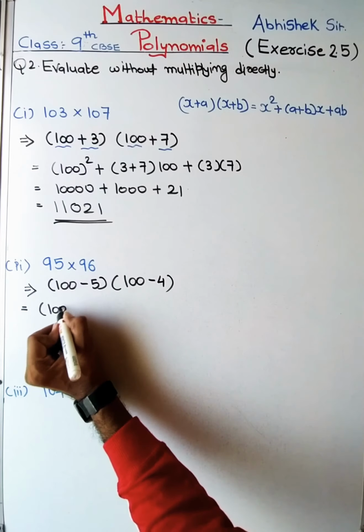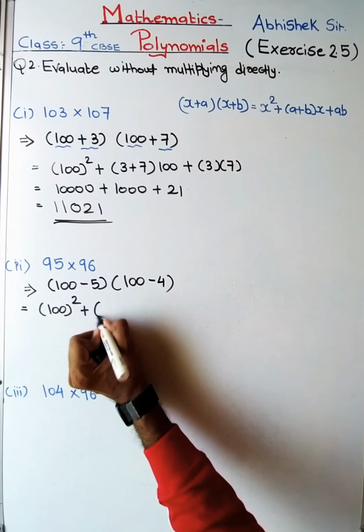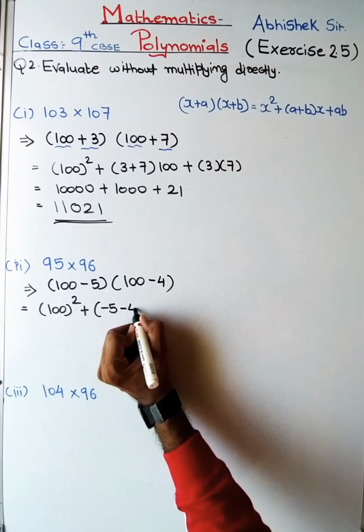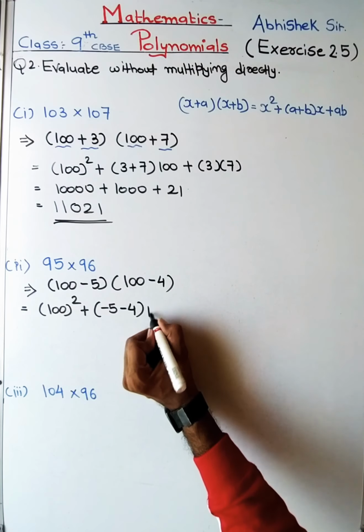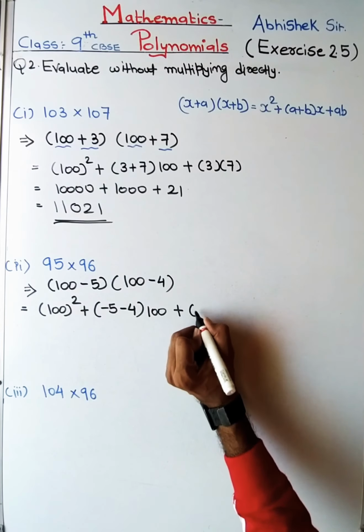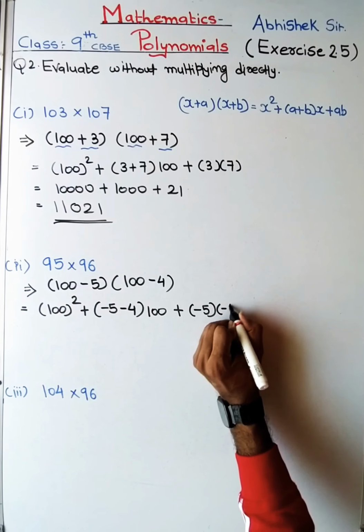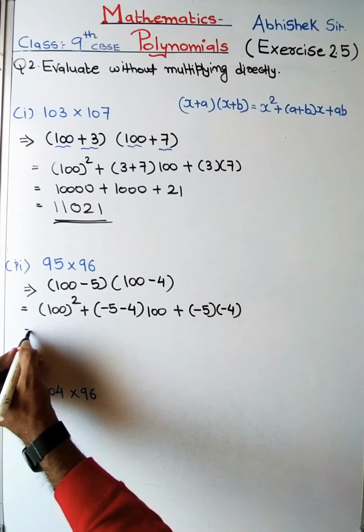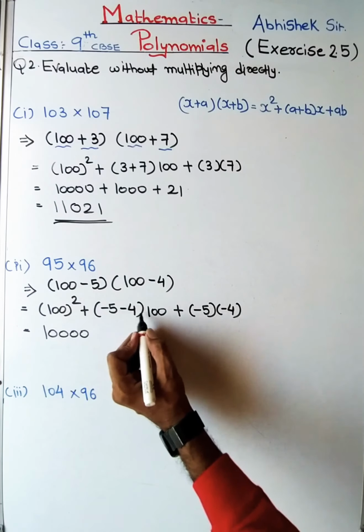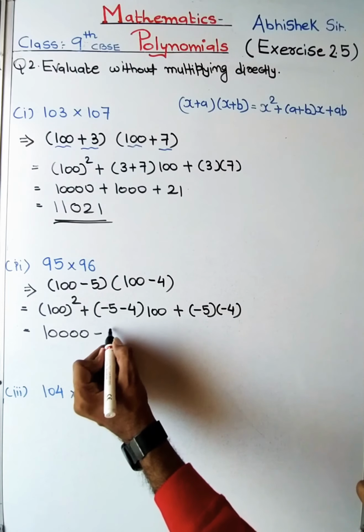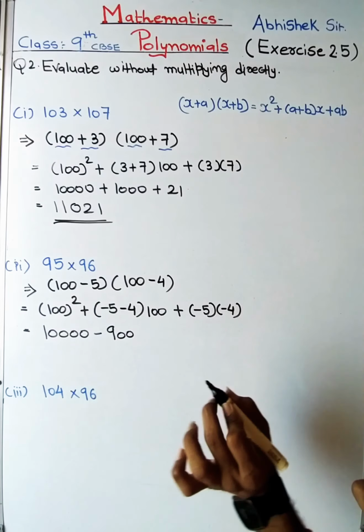So it will be 100 square plus minus 5 minus 4, that is minus 9, into 100 plus minus 5 into minus 4. Clear? So again 10,000. Here it is minus 9 into 100. So that becomes minus 900.